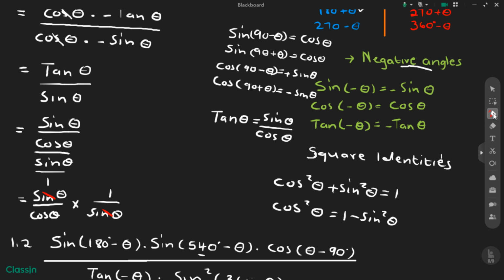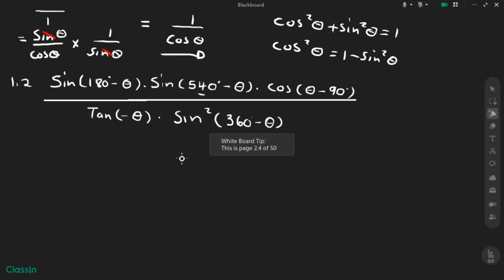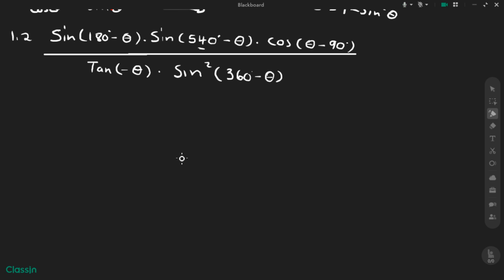Then we'll be left with 1 over cos theta. And this is our solution. So check through the steps so that to answer some of the questions relating to this, you understand and know what is happening. Now we also have question 1.2, which still they say simplify to single ratio.